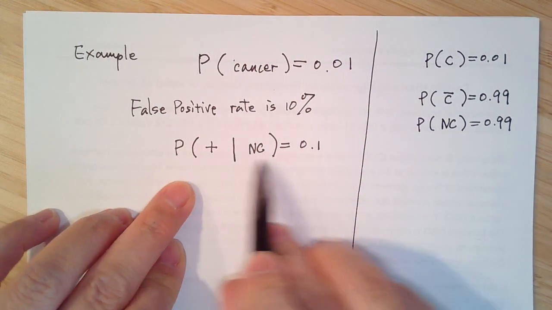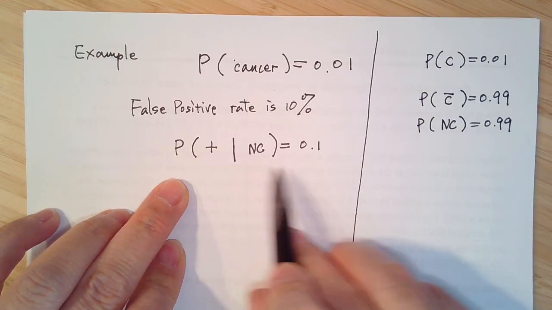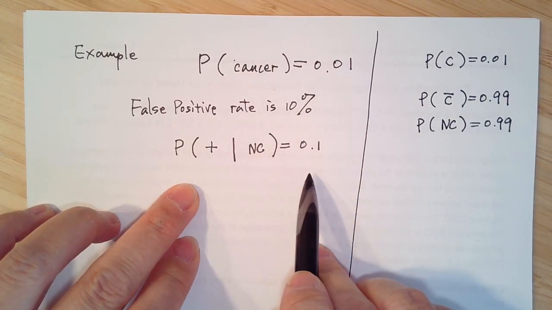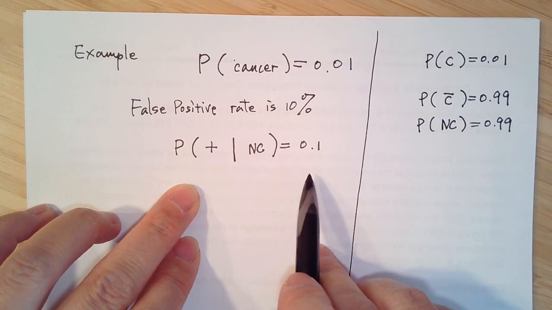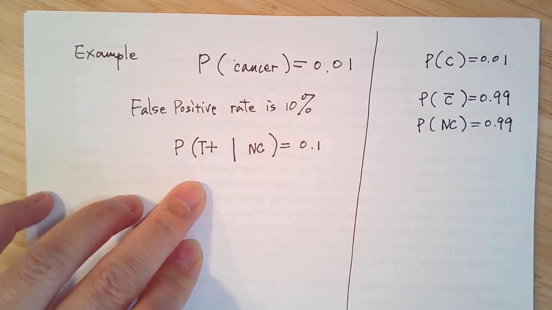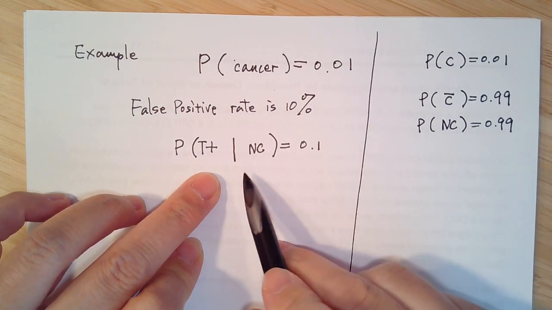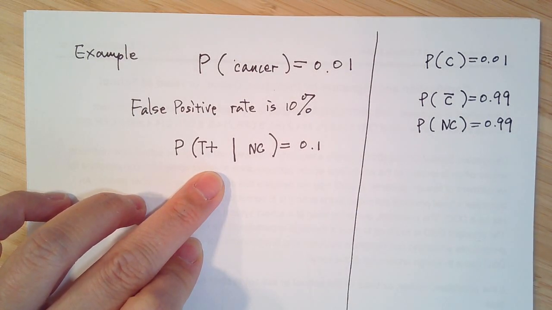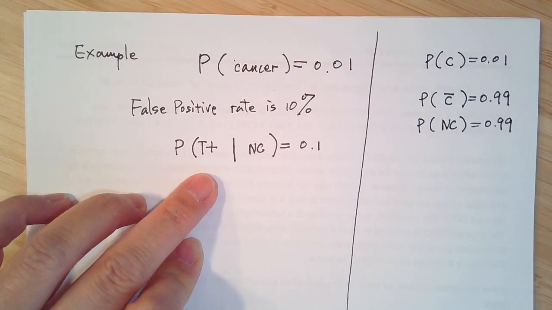You see this? Can you translate from this English into the math notation? That sometimes is the hard part, right? So test positive given no cancer is 0.1. Based on this, what do you know?